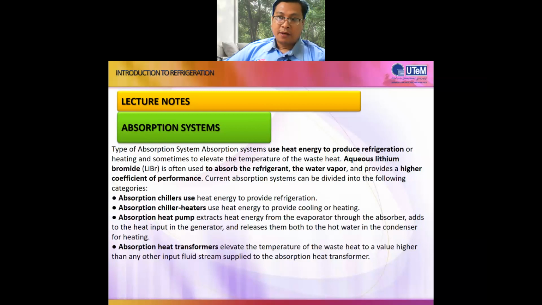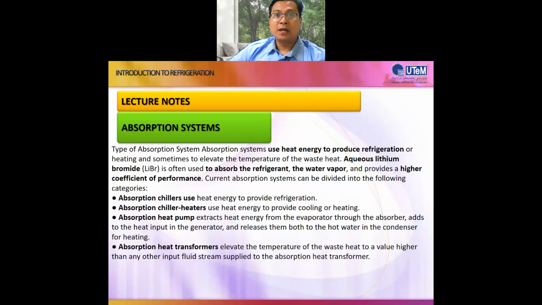A type of absorption system uses heat energy to produce refrigeration or heating, and sometimes to elevate the temperature of waste heat. So we can utilize the waste heat from activities like industry, and not only industry, maybe from geothermal, which is available in nature.